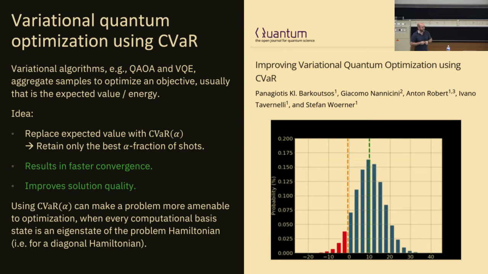And in our tests, we still cannot really explain why, but it seemed to have some kind of noise mitigating effect. Because if you have some sample which was affected by a lot of noise where you're really unlucky, you have a high chance to drop it. So this is a little bit of intuition behind. This seems to be a very straightforward change for VQE or QAOA for problems with a diagonal Hamiltonian. Otherwise, it doesn't make sense.